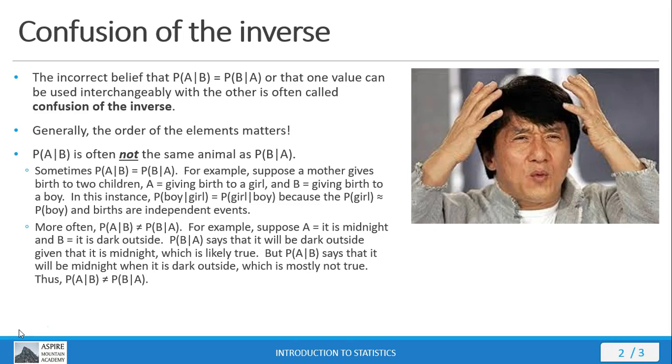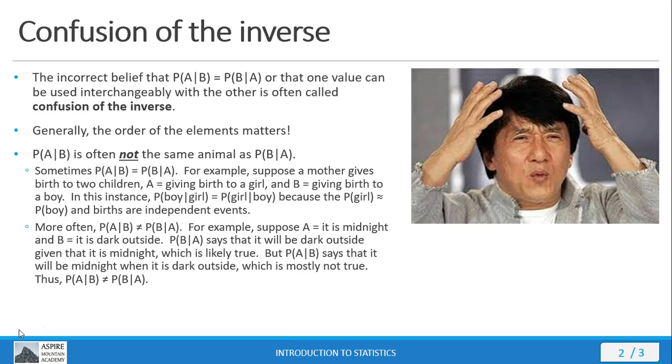More often than not, the probability of A given B will not be the same as the probability of B given A. For example, suppose that event A is that it's midnight and event B is it's dark outside. Then the probability of B given A is saying that it's going to be dark outside given that it's midnight. Well, that's likely the case.